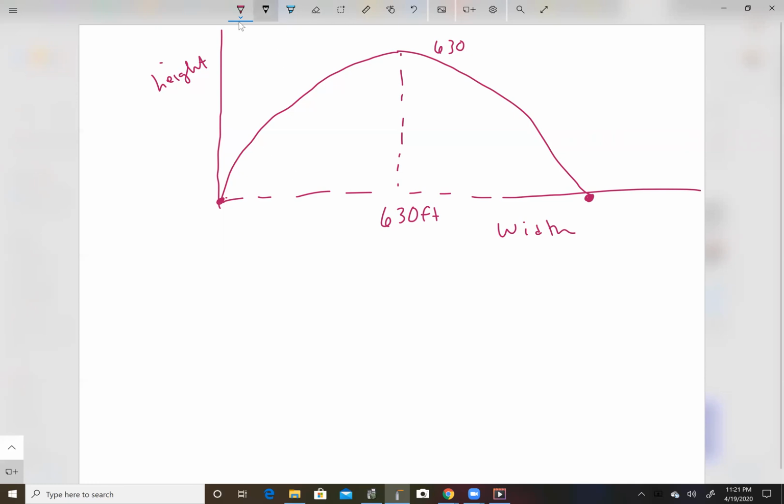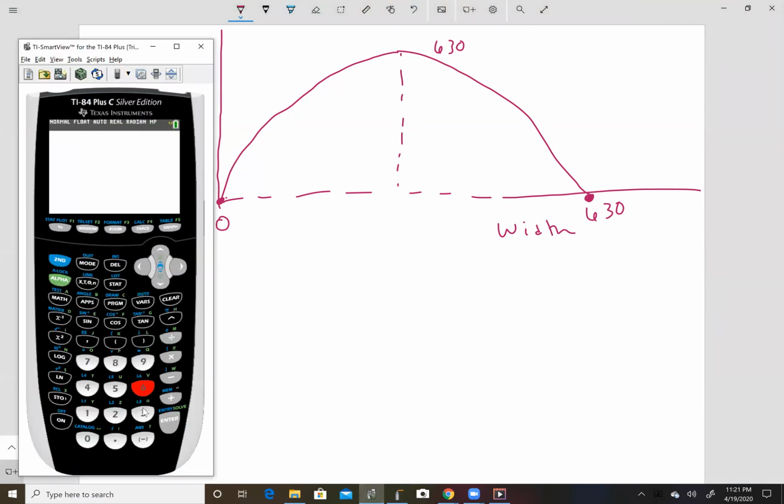So here is what I'm going to do. I'm going to erase the 630 and write it like this. I know that 0 is here, then 630 is over here. That means my line of symmetry must be directly in the middle of that. So I'm going to do 630 and divide it by 2, just to be on the safe side.